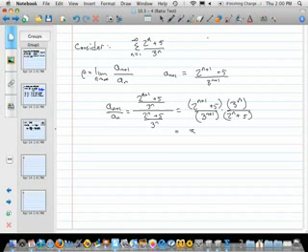So this is 3 to the n divided by 3 to the n plus 1, all multiplied by (2 to the n plus 1 plus 5) all over (2 to the n plus 5). Well, if n is, say, 10, then I'm going to have 3 to the 10th over 3 to the 11th, so the denominator is going to have one more 3 in it. So this first one is just 1/3.